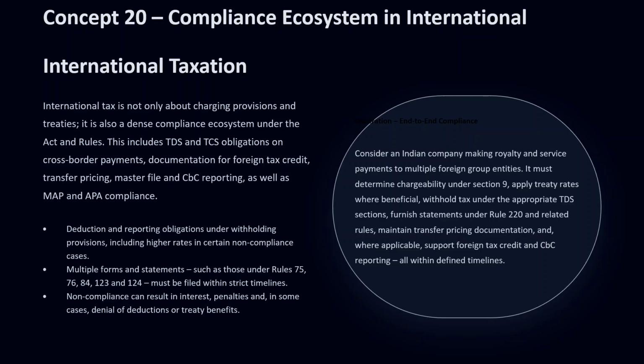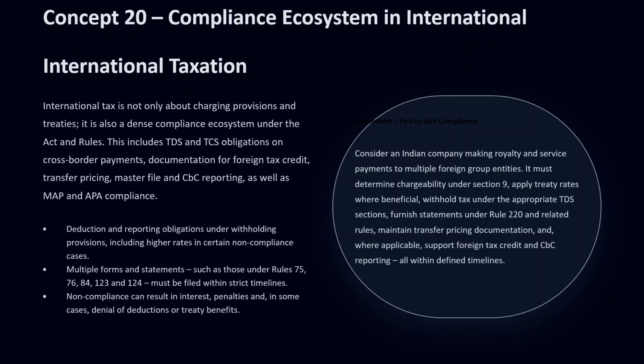So a small example here. Think of an Indian company making multiple outbound payments, for example, royalty, management fees, and interest to different group entities abroad. For each and every payment, it must evaluate the chargeability under Section 9. It has to check if the DTAA applies and whether a lower rate is applicable or not.